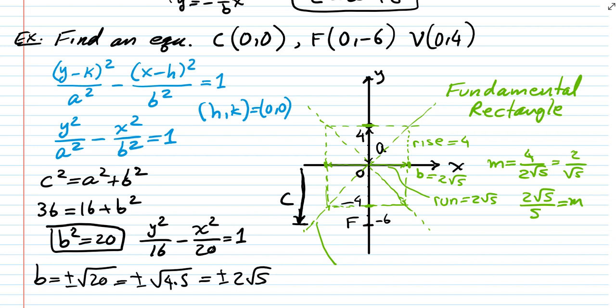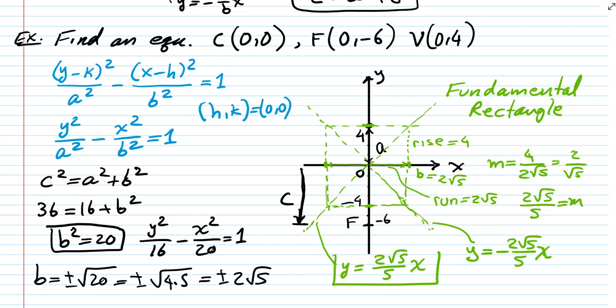So the equation of that asymptote is going to be y equal to 2 root 5 over 5 times x. There you go. The equation of this other asymptote is almost the same except with the negative slope. Oh, and that's m, that's x, sorry. M is the slope. And there I have the equation of the asymptotes.